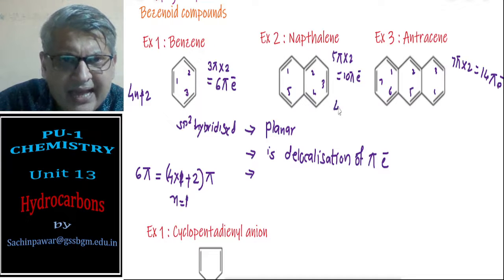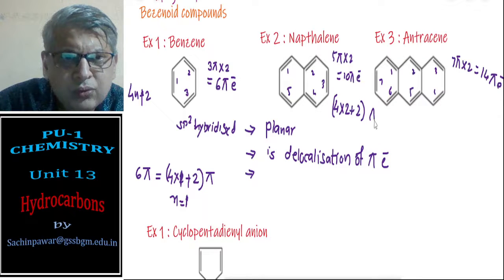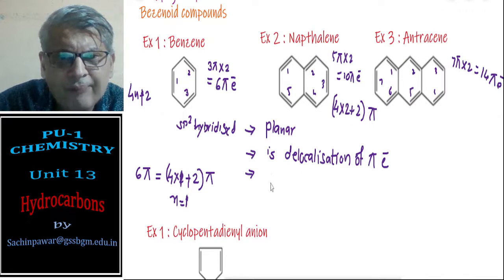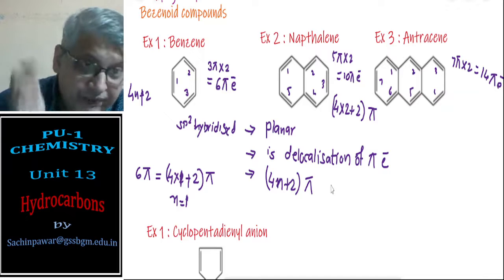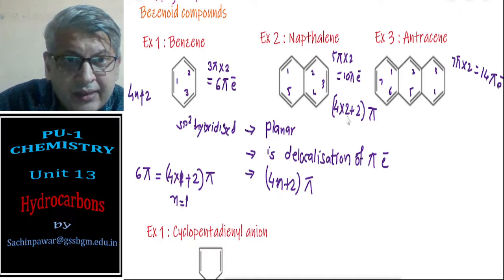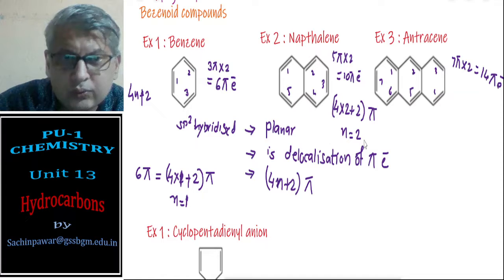Check out the 10 pi electrons. I can write it as 4 into 2, that is 8, plus 2. So it also fits into the formula 4n plus 2 pi electrons, where n is equal to 2.